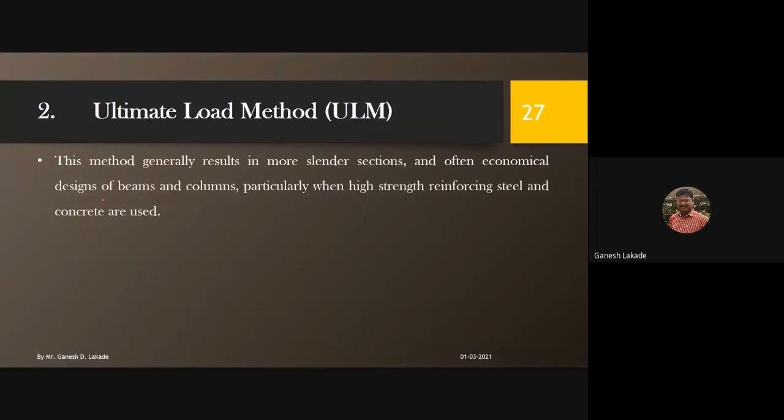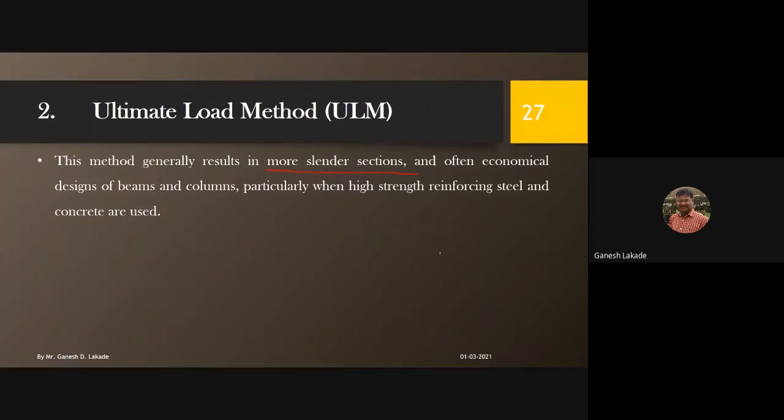Again, some points regarding this method: it generally results in more slender sections. Now, what is the meaning of slender sections? This is the advantage over WSM.